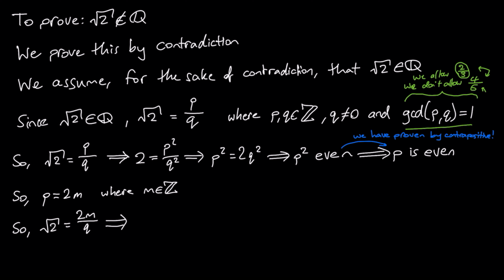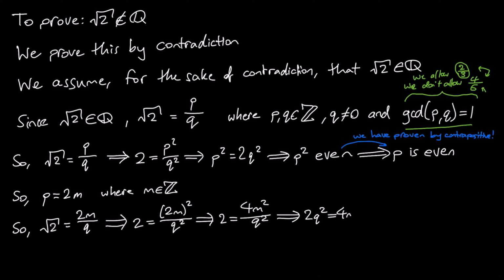So if we square both sides again, we get 2 is equal to 2m squared over q squared, which gives us that 2 is equal to 4m squared over q squared, which tells us that 2q squared is equal to 4m squared, which tells us that q squared is equal to 2m squared.